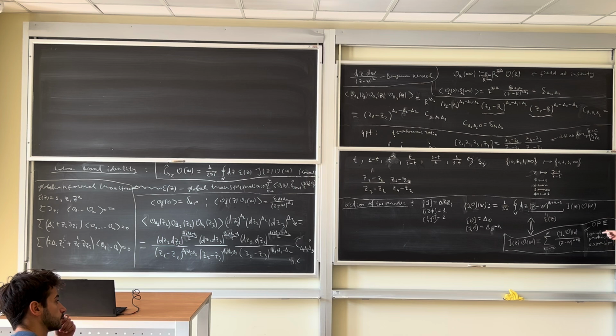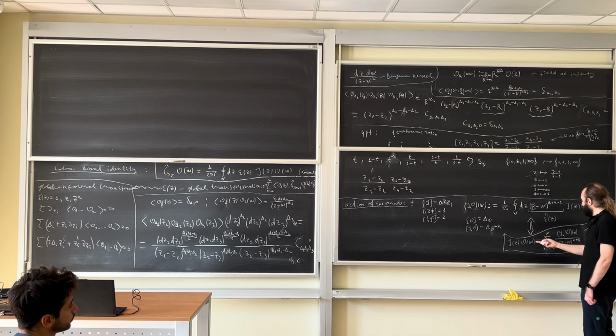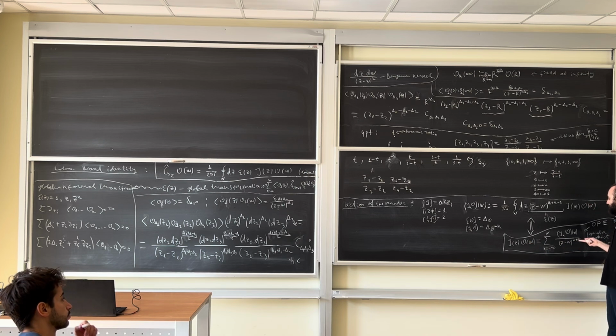So one argument why this exists is holomorphicity of all objects. But there are also more physical arguments. But for the moment, let us just suppose that there is such an equality which holds under the correlators.